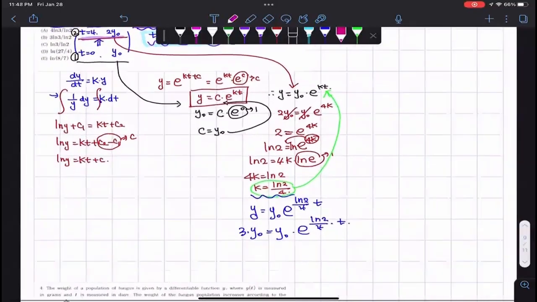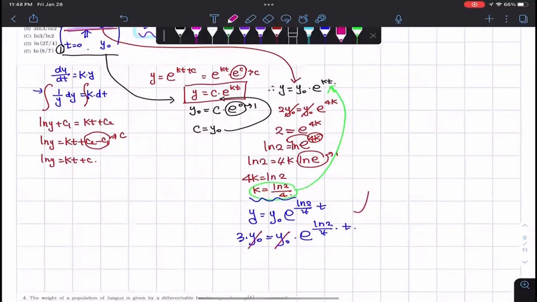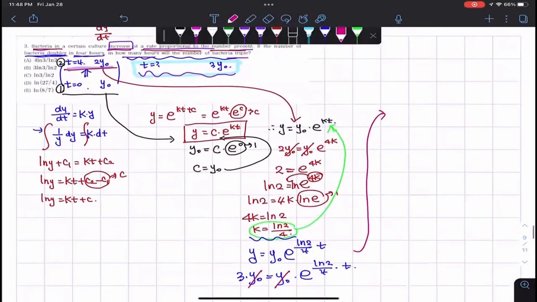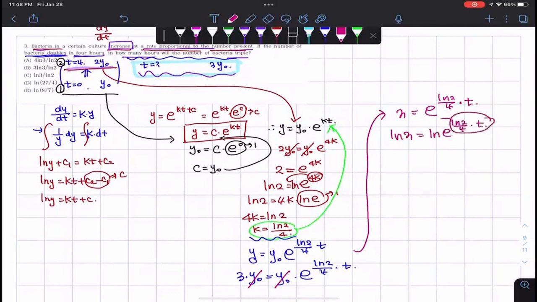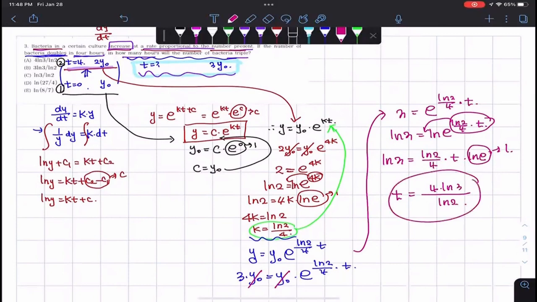Divide by y0 on both sides, so 3 equals e to the power of ln 2 over 4 times t. Apply ln on both sides, folding down the exponential: ln 3 equals ln 2 over 4 times t times ln e. This is 1. So t equals 4 times ln 3 over ln 2. This is the final answer.